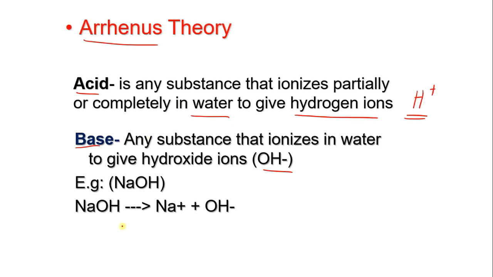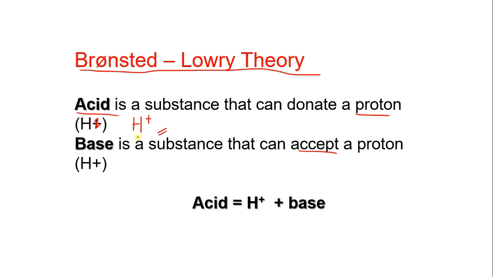Saying a base produces OH minus is also true, but a base is anything that can accept a proton, which is a better definition, because that includes something like NH3. NH3 can accept a proton, although it also produces OH minus ions. So it's a definition that includes substances that cannot otherwise be defined as a base.